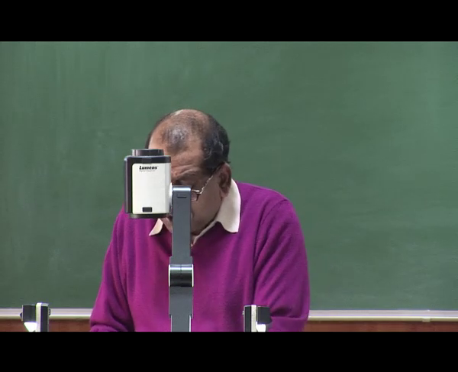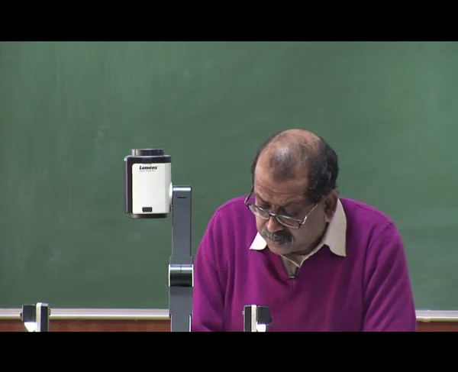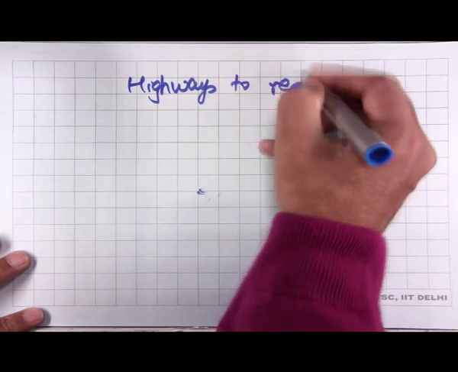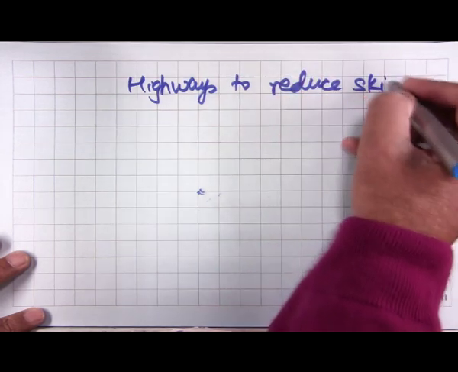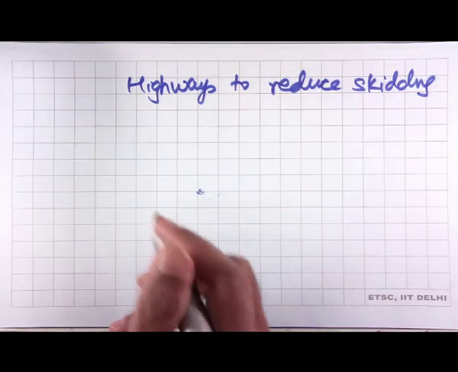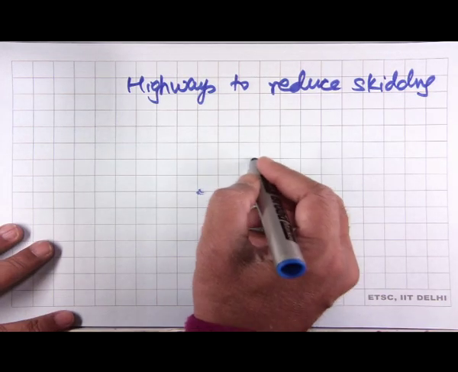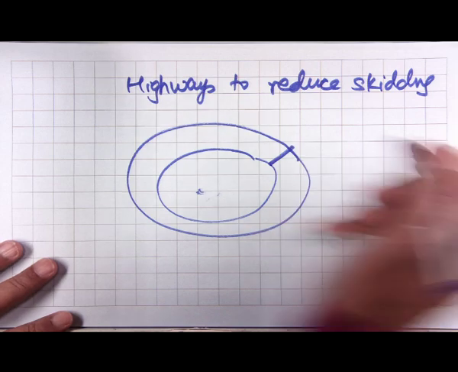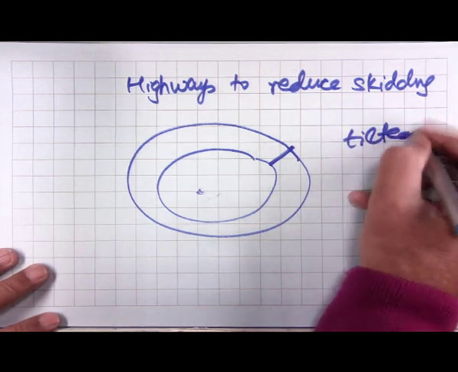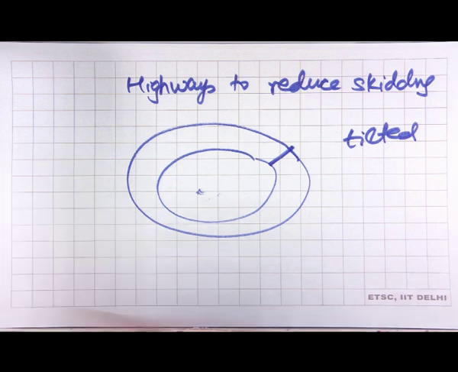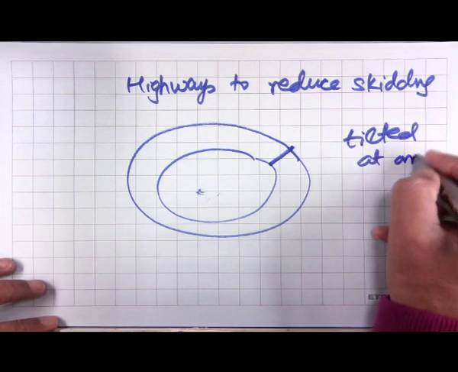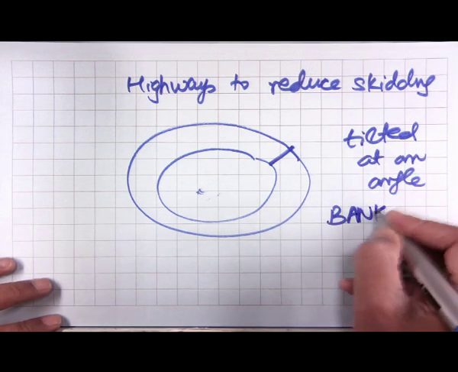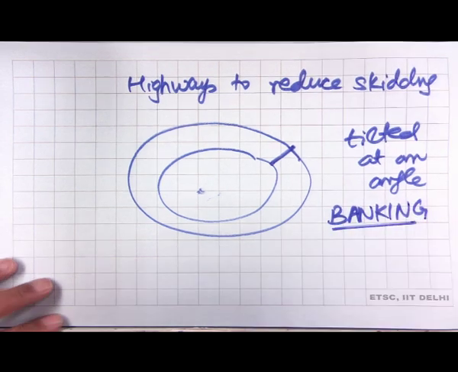Now, there is another thing which is done on highways to reduce skidding. If we have a curve on the highway, the highway is tilted at an angle, and this is what we call banking of the road.